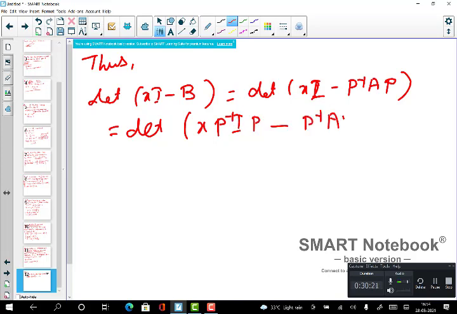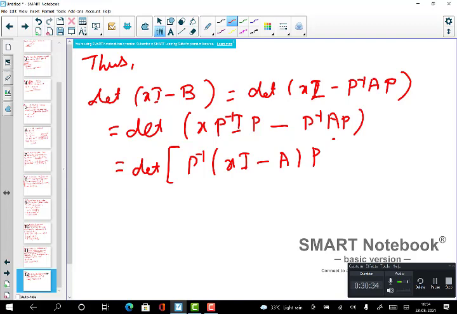And hence this is nothing but determinant of, taking P inverse common here, then xI minus A, and then P. So you multiply P inverse from the left side, P from the right side, right? But this is nothing but a product of three matrices, and you know the determinant of the product of matrices is the product of the determinants, right?